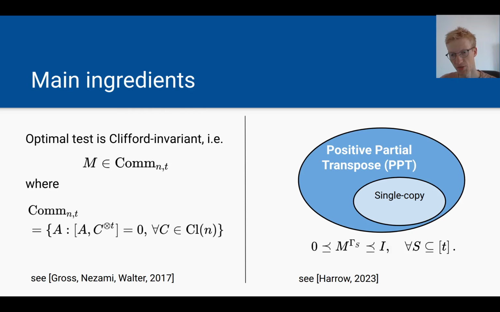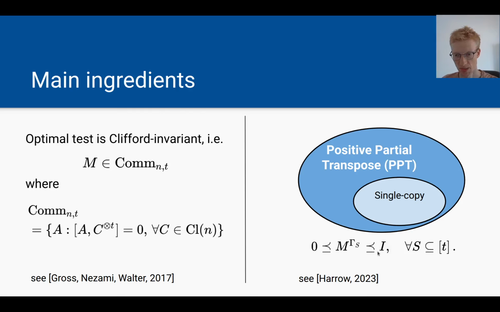And the way that we do it is inspired by this paper by Harrow from 2023, who shows a similar lower bound for the task of purity testing instead of stabilizer testing. And he realizes that the single copy algorithms are generalized by algorithms that can be mathematically constrained by the PPT condition.